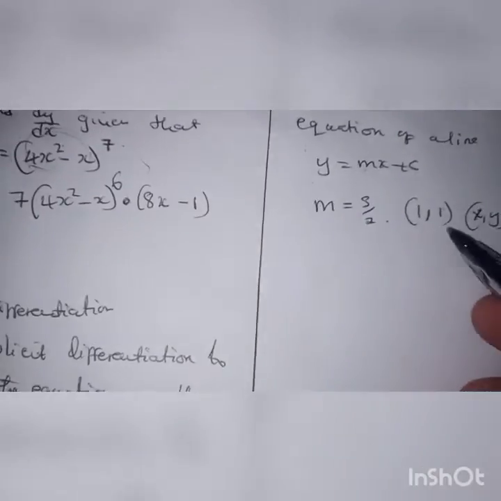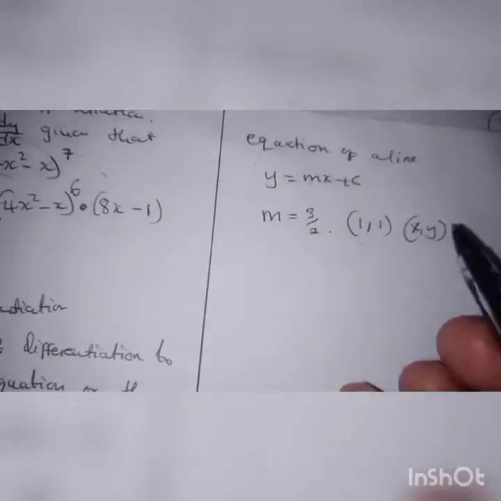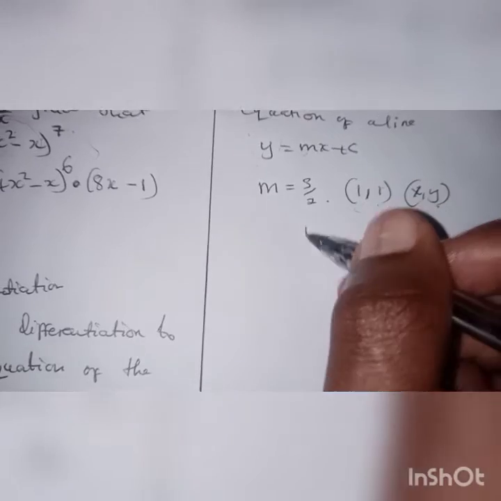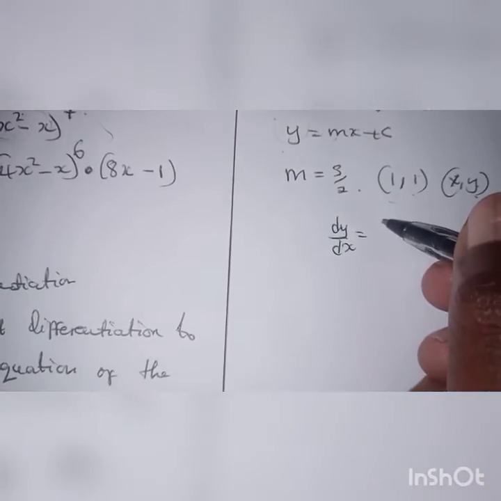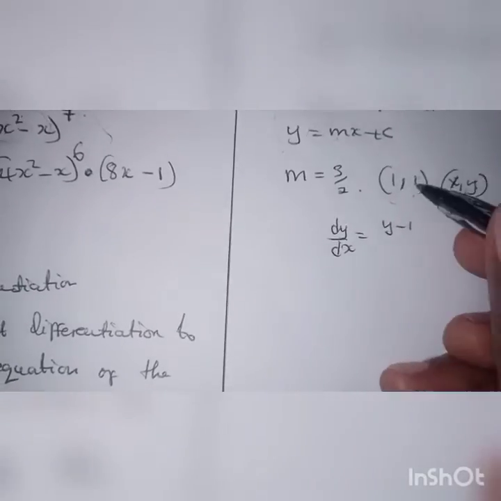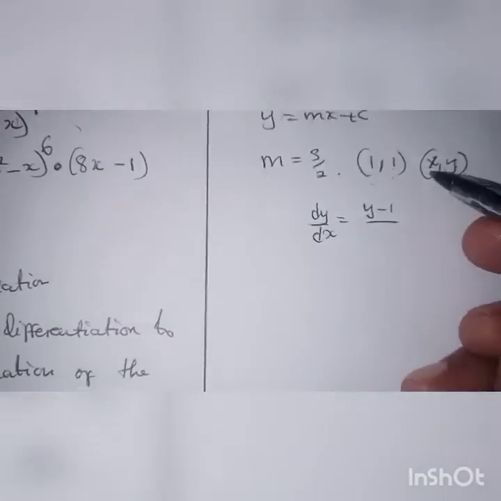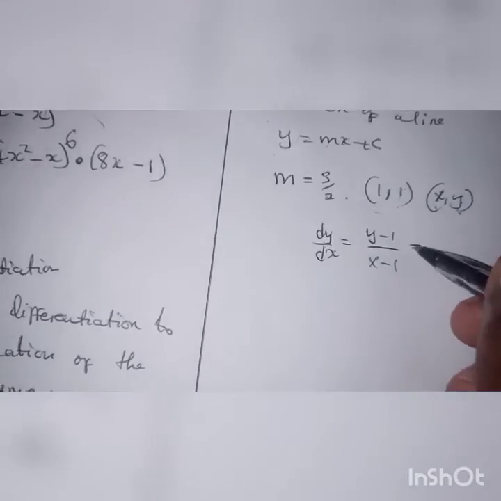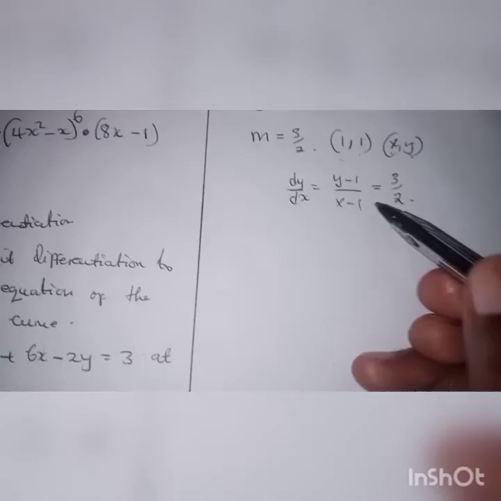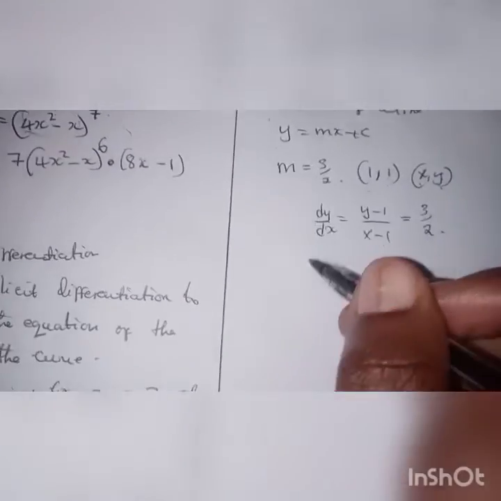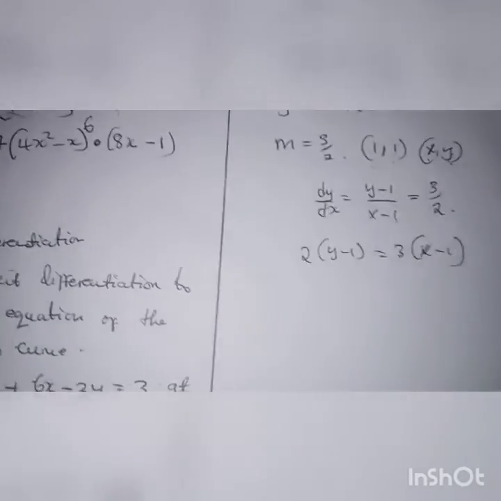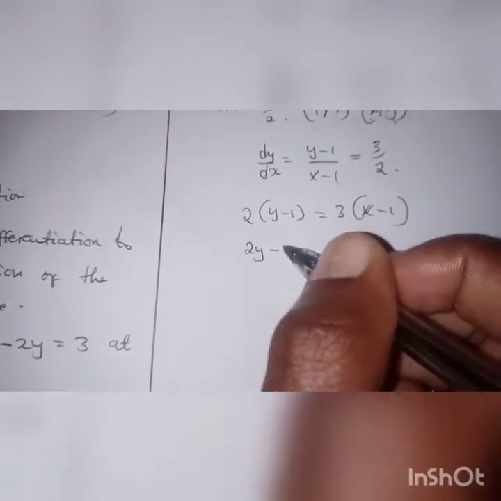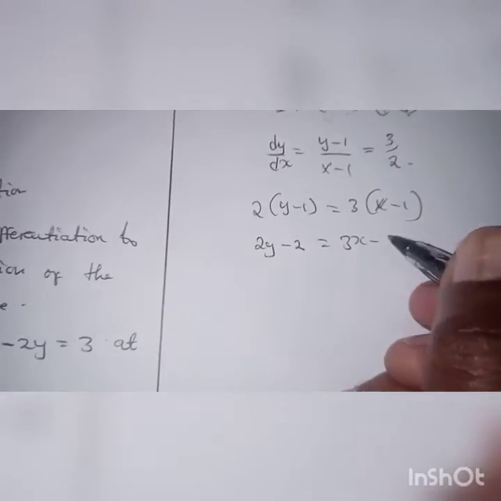Applying the method of calculating the gradient, we know the gradient is the change in y over the change in x, which is y minus y1 all over x minus x1, giving us the gradient as 3 over 2. So cross multiply: 2 into y minus 1 equals 3 into x minus 1. So 2y minus 2 equals 3x minus 3.